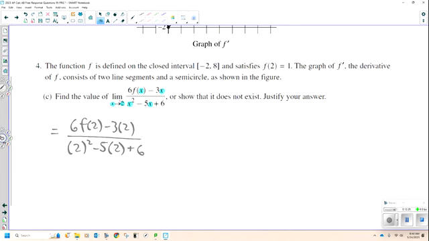The bottom: 2 squared is 4, minus 5 times 2 is 10, plus 6. The top, the right side of the minus sign is 6.